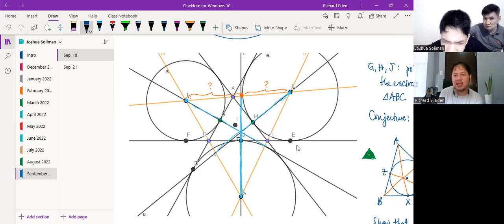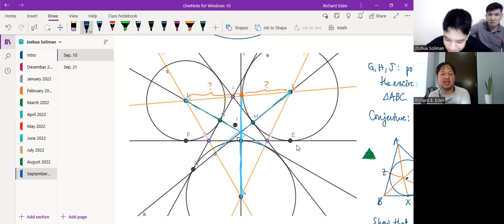If GH is perpendicular to IA at the point of concurrency, then GH should be parallel to BC, which it apparently isn't. So at least we can eliminate that point of concurrency from being the orthocenter of GHJ.